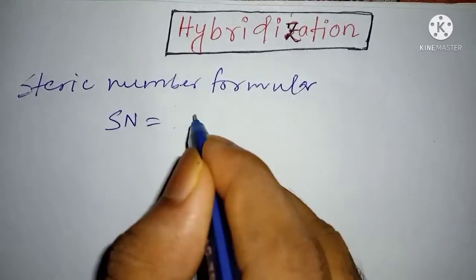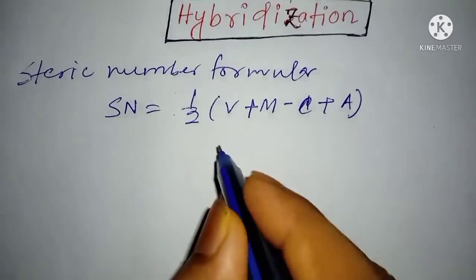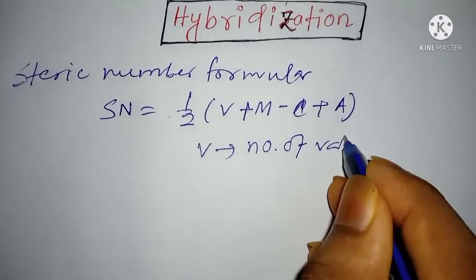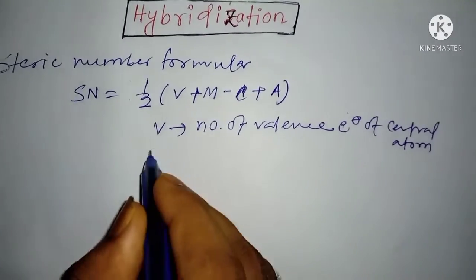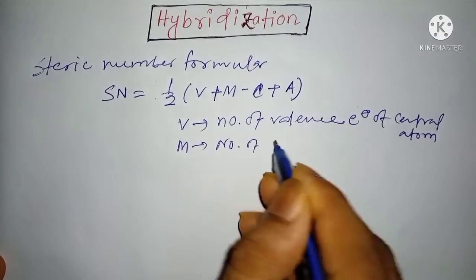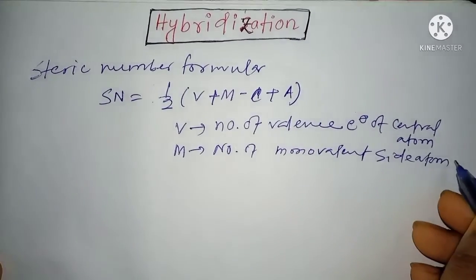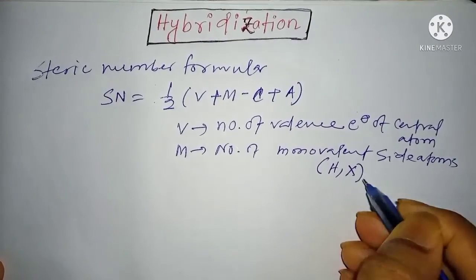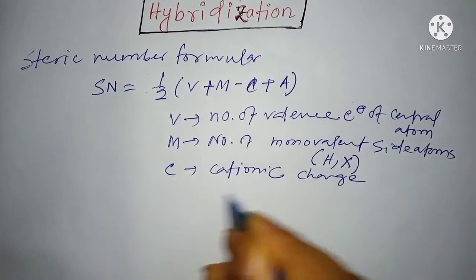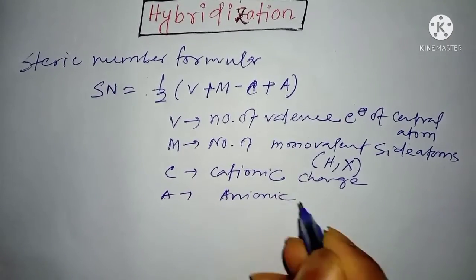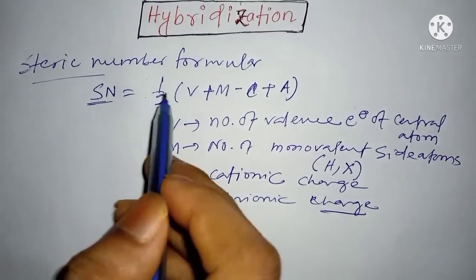Steric number Sn equals half into V plus M minus C plus A, where V equals the number of valence electrons of the central atom, and M equals the number of monovalent side atoms like hydrogen, halogen, etc. C is the cationic charge and A is the anionic charge.